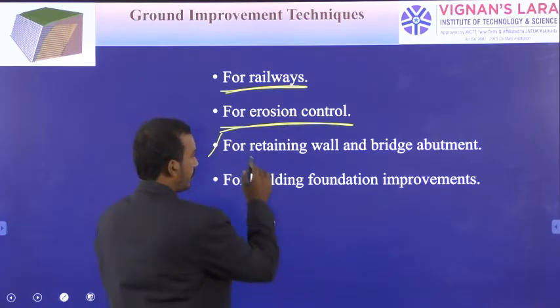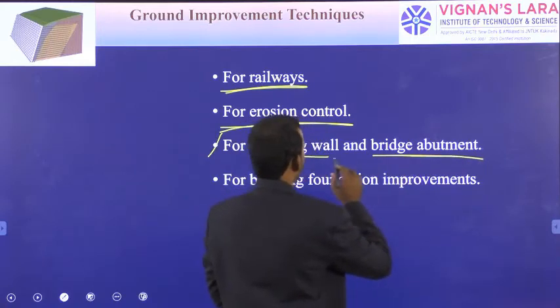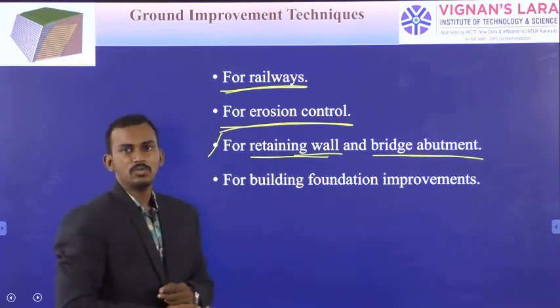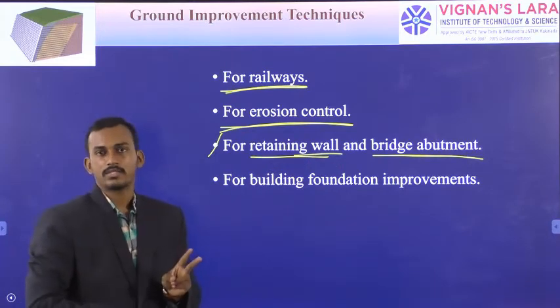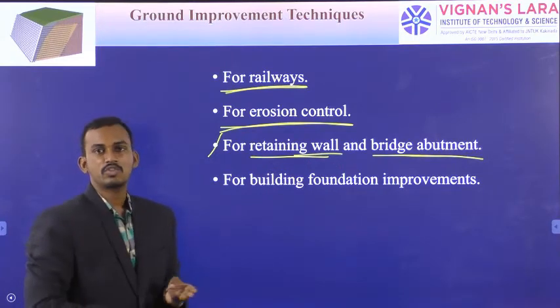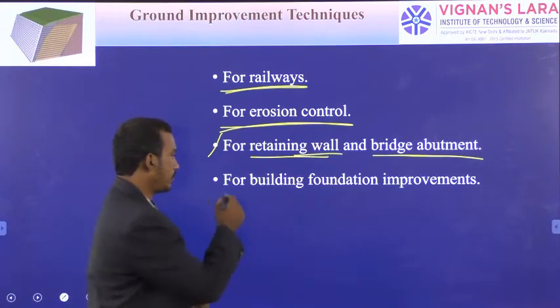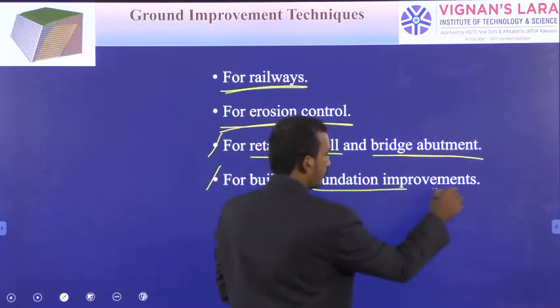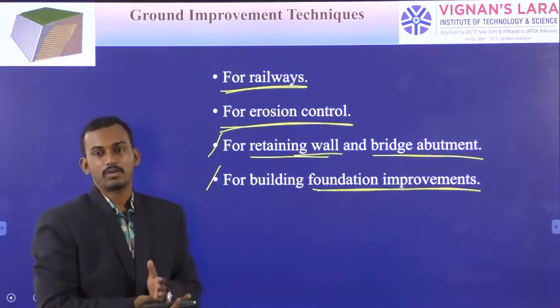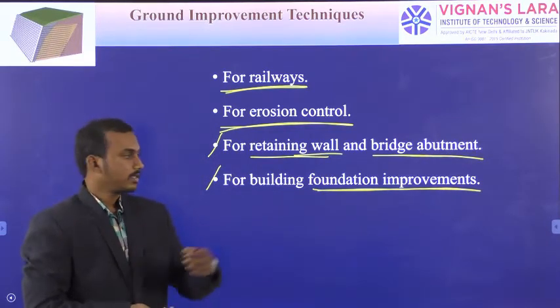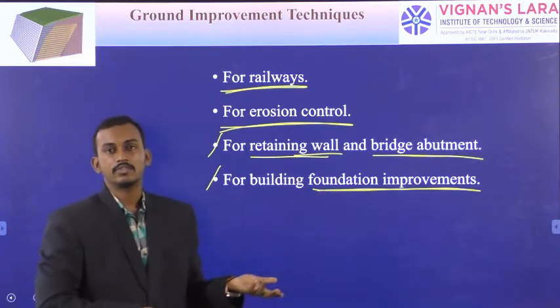Then we have retaining walls and bridge abutments. For these two, what type of geosynthetics are we using? Geonets or geogrids. If required, we also use geomembranes. Okay. Then for building foundation improvement, in order to distribute the load properly, load transfer, load distribution, in such case also we are going to use this geosynthetics.